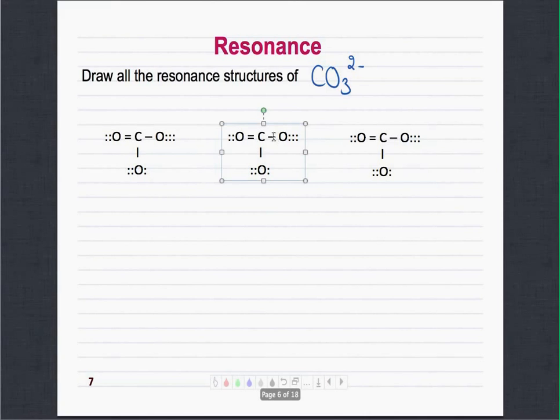So whether I borrow those 2 electrons from here and I end up with this structure, with the red one in here, 2 minus, or I borrow those 2 electrons from there.